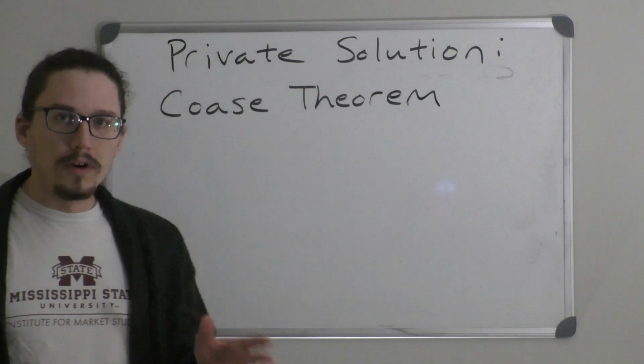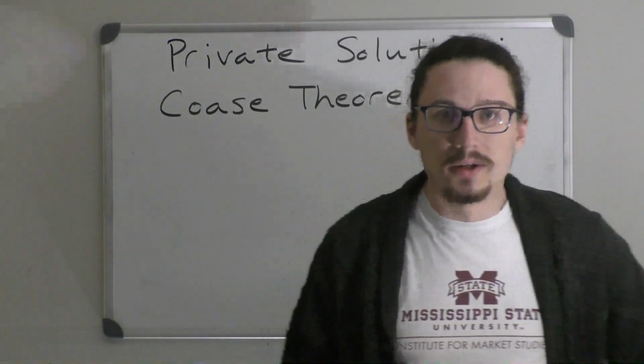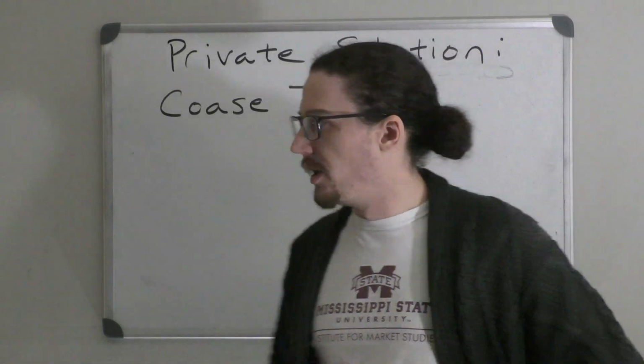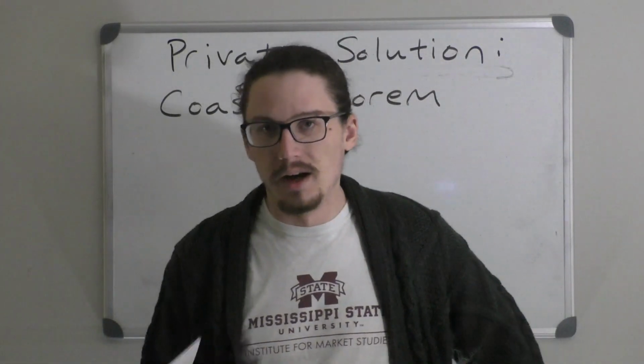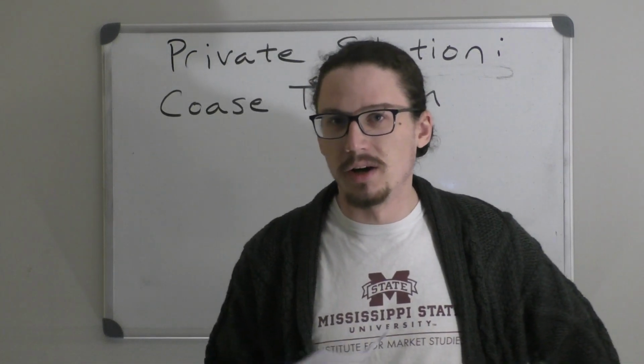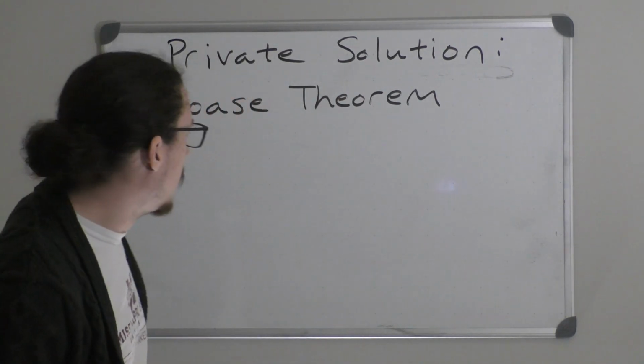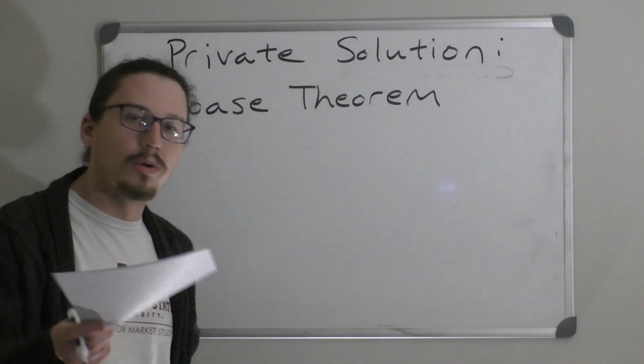All right, so the first solution, the private solution that we're going to talk about, is what's known as Coase Theorem. Coase Theorem was developed by an economist named Coase. That's his last name. I think his first name's Ronald. I probably should have looked that up, but I think it's Ronald Coase. Don't quote me on that though.